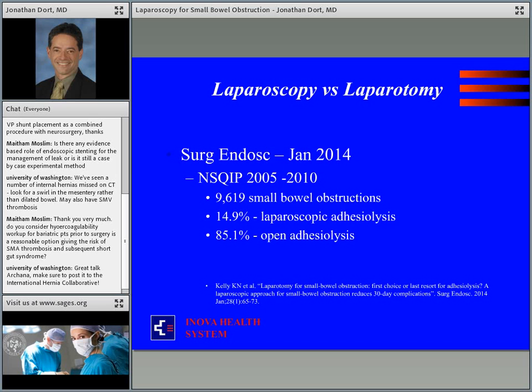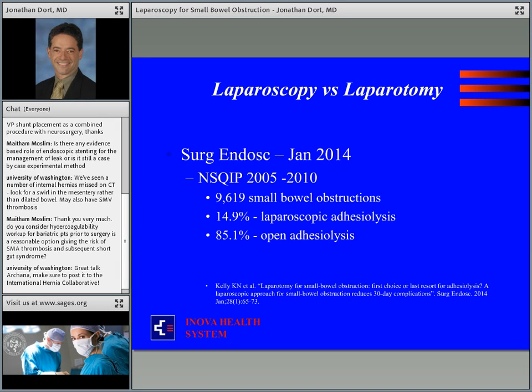So moving ahead to 2014, in January, in Surgical Endoscopy, the group at the University of Rochester, Kelly et al., did a NSQIP evaluation over the 5-year time frame between 2005 and 2010 to try to answer this question. They found 9,619 identified small bowel obstructions, and of those, 14.9% were addressed laparoscopically, and 85% were addressed with an open adhesiolysis.